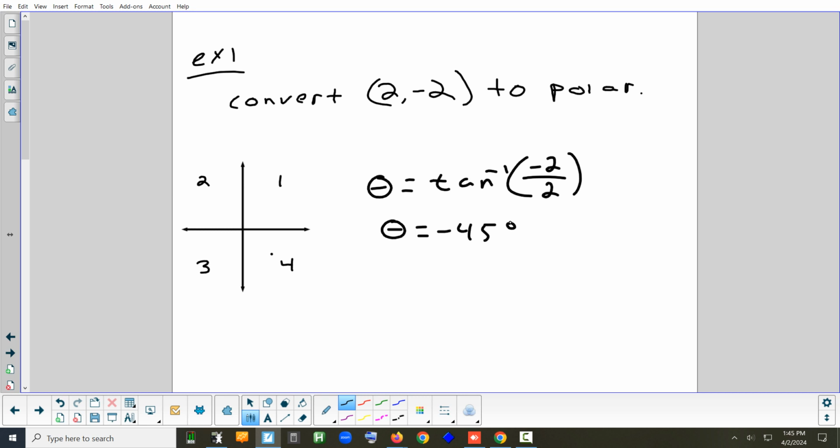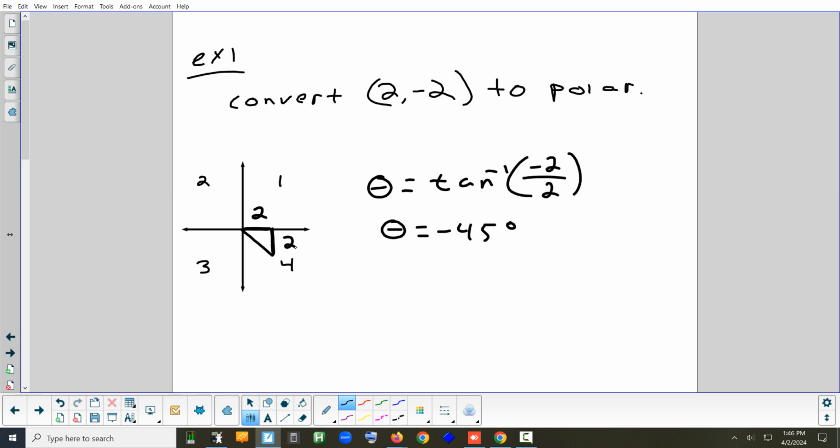So there's our angle. Now we need to find the radius. What's the x value? 2. Yeah, this has a distance of 2. And then what's the distance from here to here? -2. Well, it's down 2, but it's still a distance of 2.